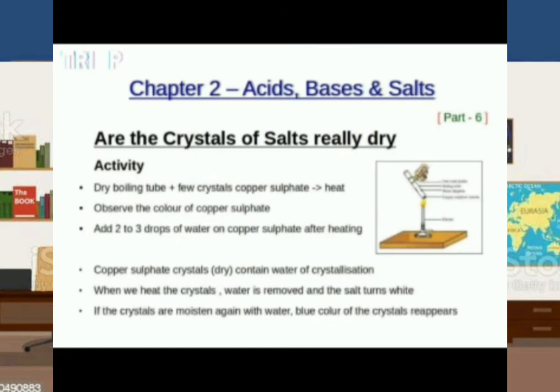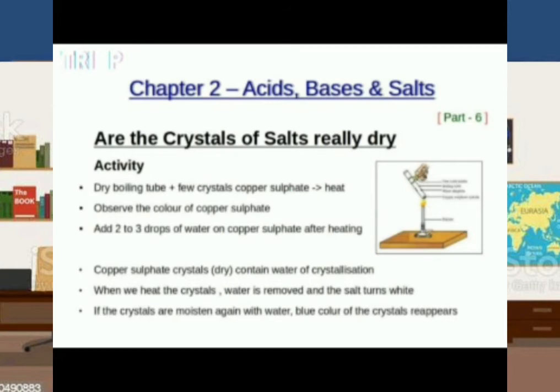Here we want to find out whether crystals of salt are really dry or if any water content is present in them. Yes, we are going to do an activity. Take a dry boiling tube, put a few crystals of copper sulfate in it, and heat the copper sulfate. Observe the color of copper sulfate.